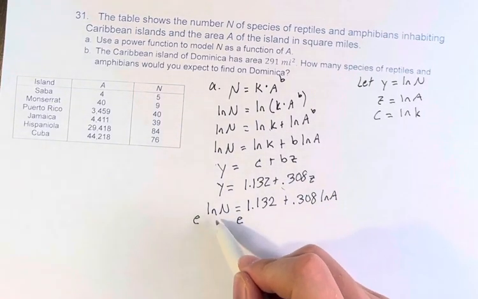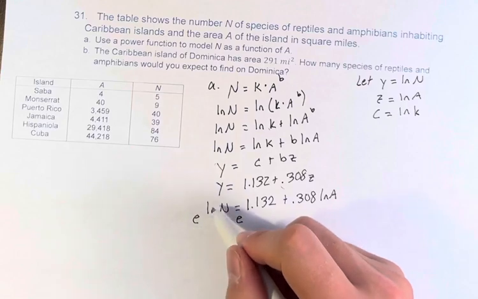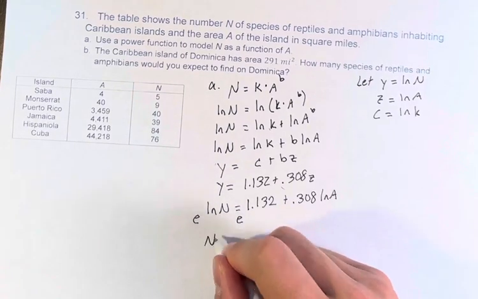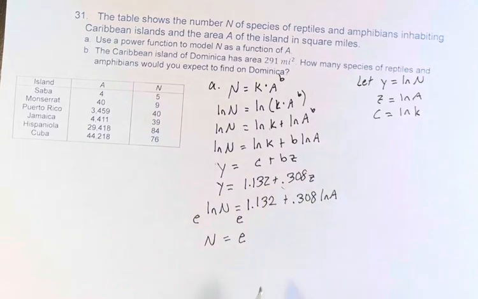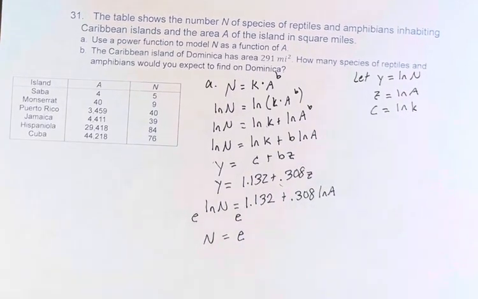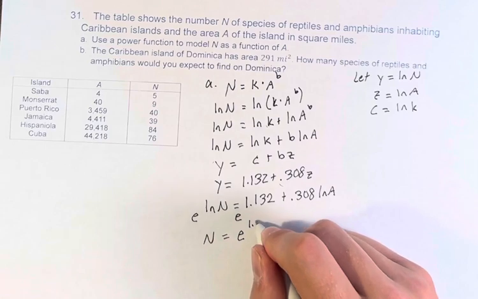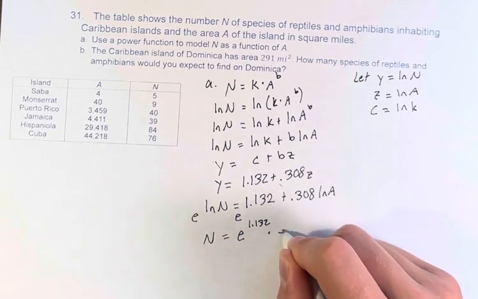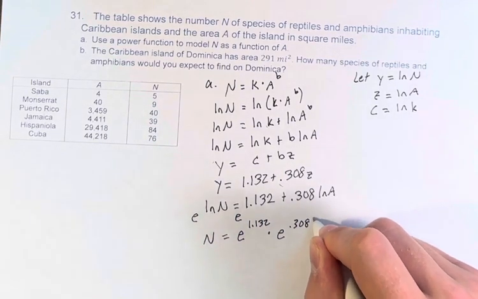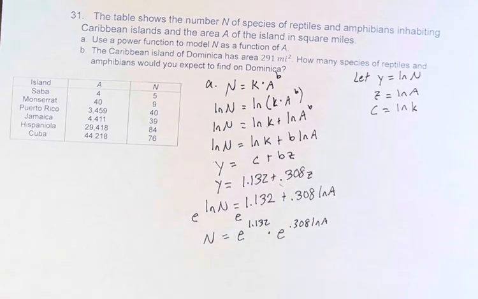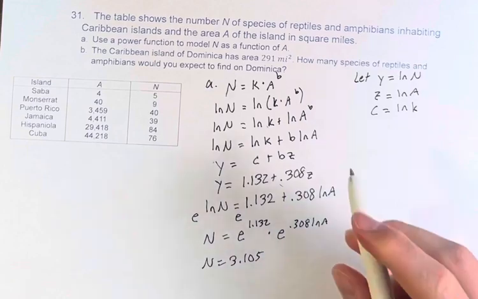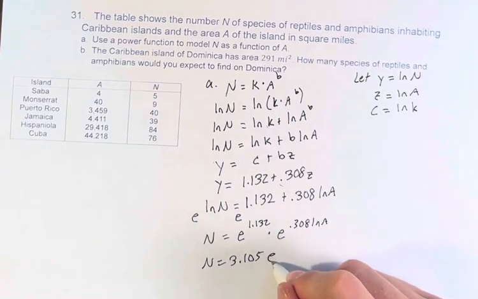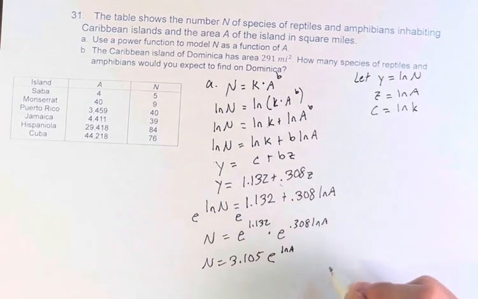So e to the natural log of n, e to the log base e of n, is just n, is equal to, when you have things being added in the exponents, you can separate them. So this is e to the 1.132 times e to the 0.308 ln of A. So n is equal to, this is roughly 3.105. This term is e to the ln of A, right?